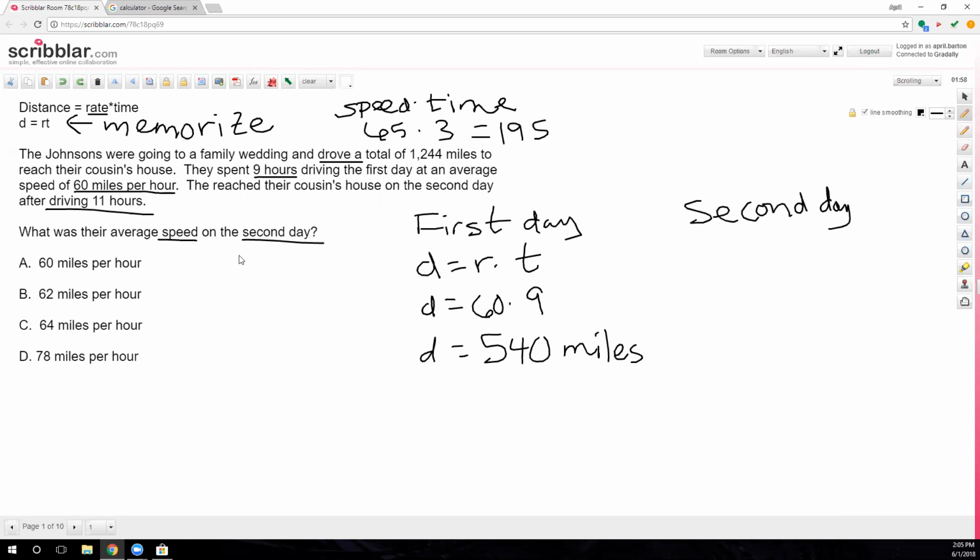So it said they drove a total of 1,244 miles. So we can use that to figure out, well, how many miles did we drive on the second day only? All this work for the first day told us on the first day we drove 540 miles only. So if we know the total of something and we know part of something, we can subtract those two numbers to find the other part.